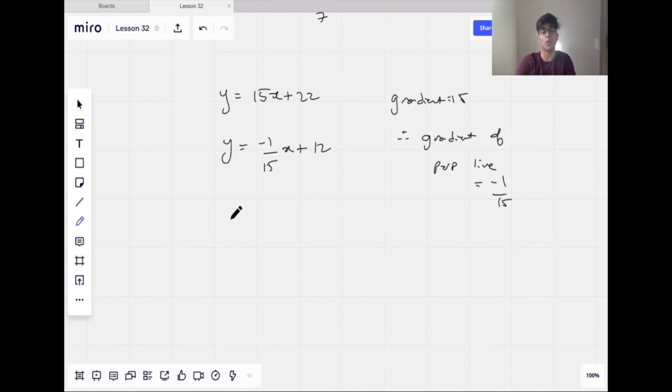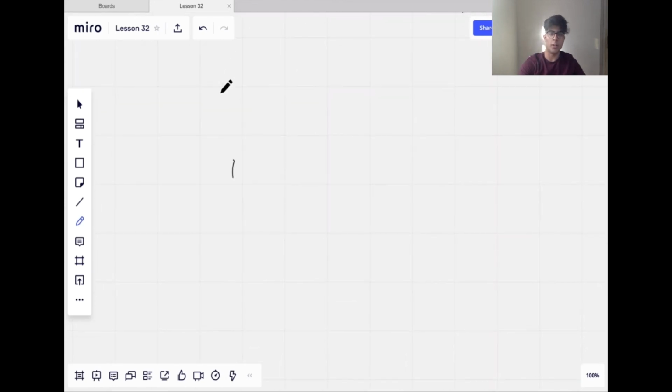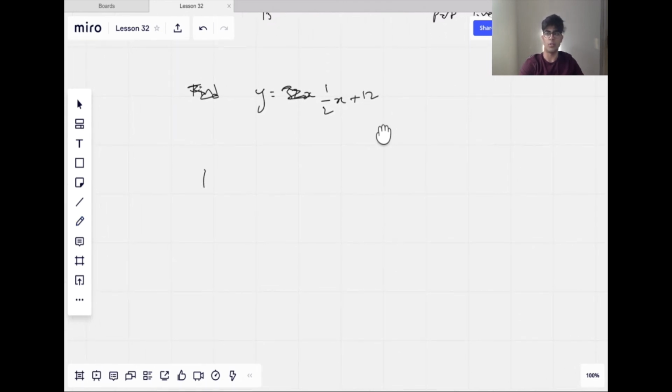Perhaps you might actually be asked to find the perpendicular line that goes through a point. So say you're asked to find a line perpendicular to, I'm not going to write out the question, say, y equals a half x plus 12, which passes through the point, say, minus 4, 8.